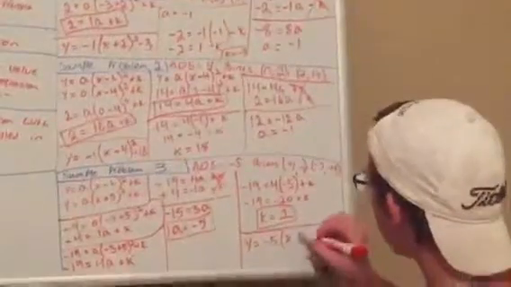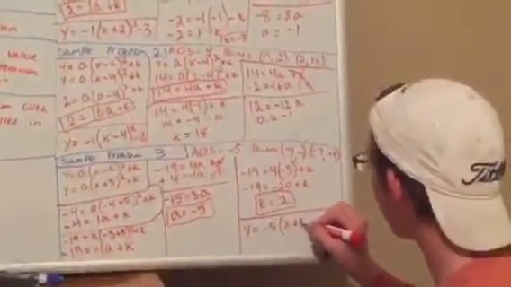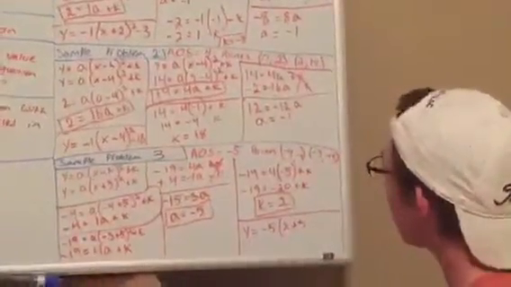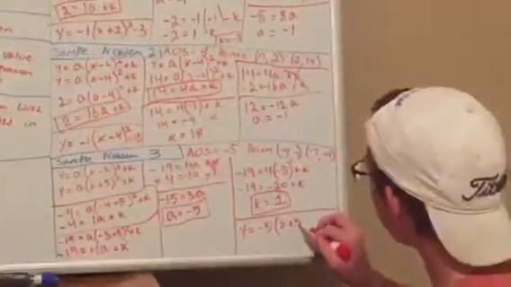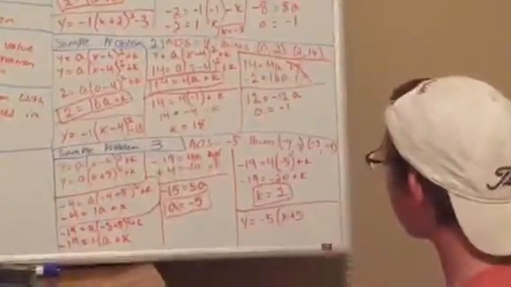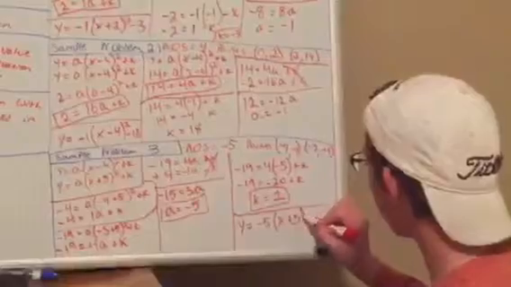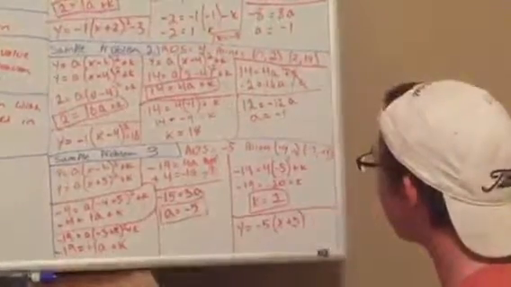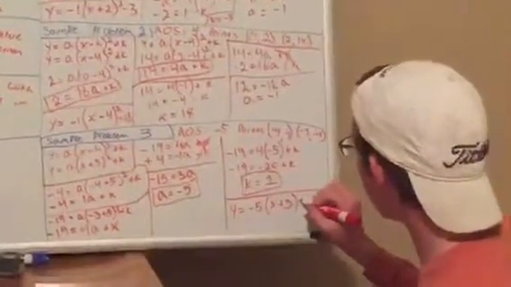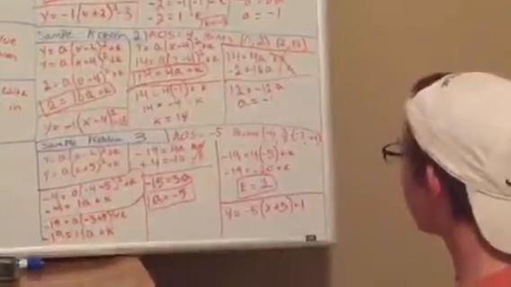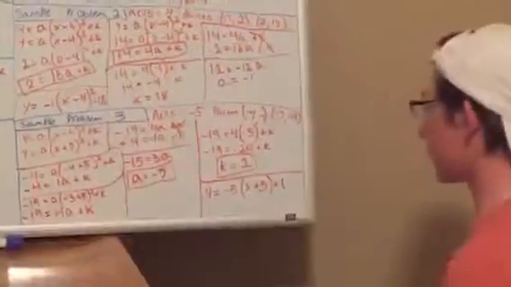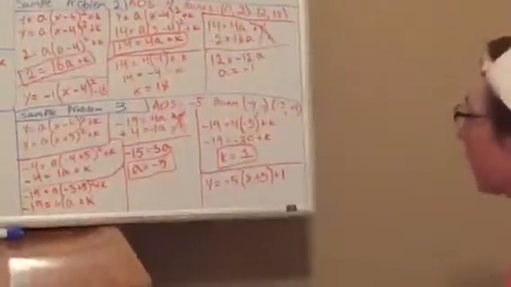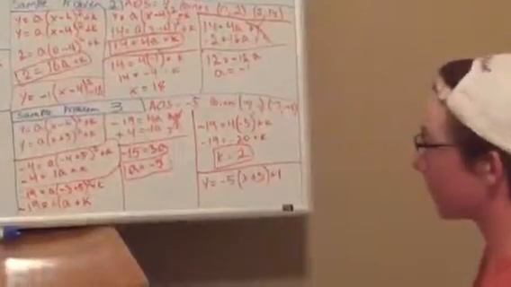What was our axis of symmetry? That's going to be plus 5, because that's switched, because that's going to be your h. It's switched in value, so it turns into a positive when it was a negative. And then plus k, and our k was 1, so plus 1. That's going to be your final equation for this problem.